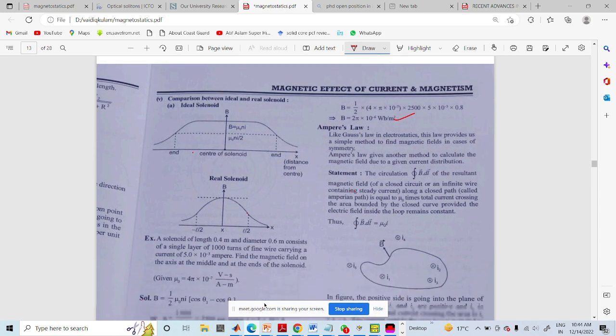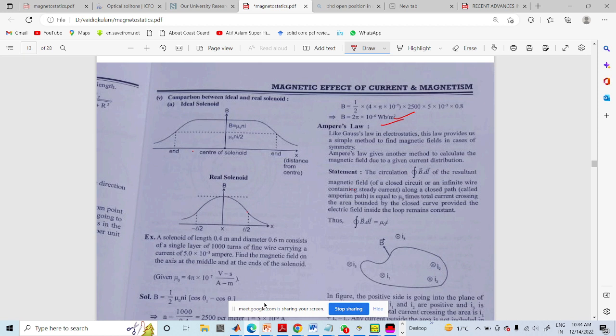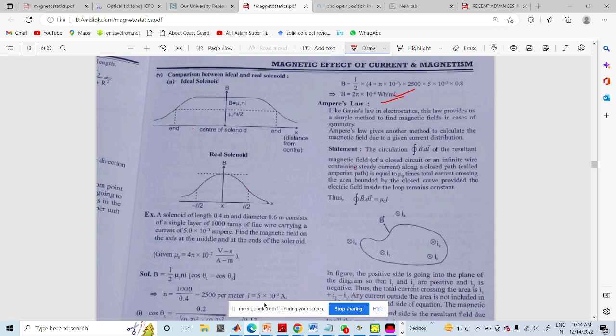So now we will discuss Ampere's law. That is very, very important, right? It is similar to Gauss law. So I request you just to revise Gauss law.